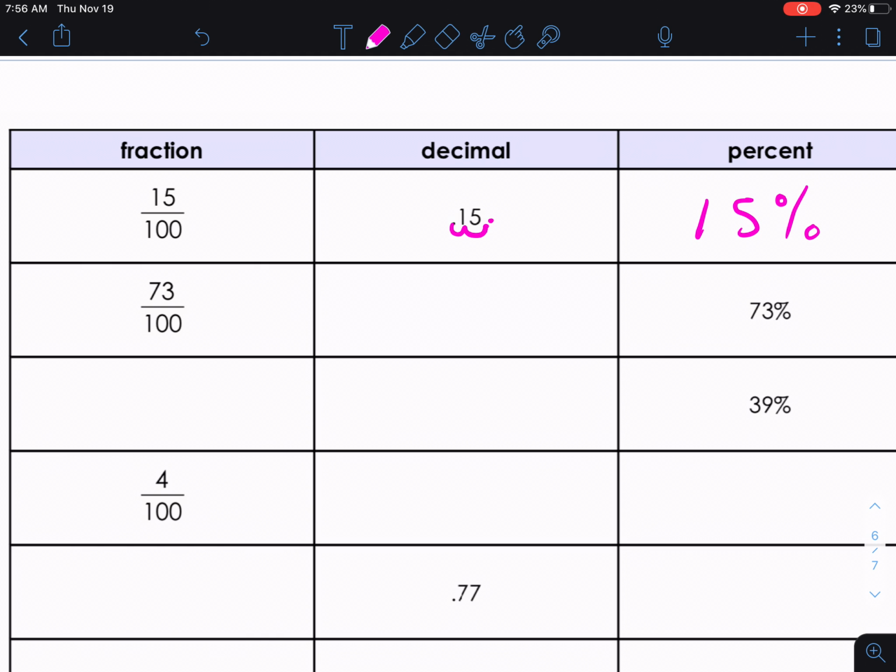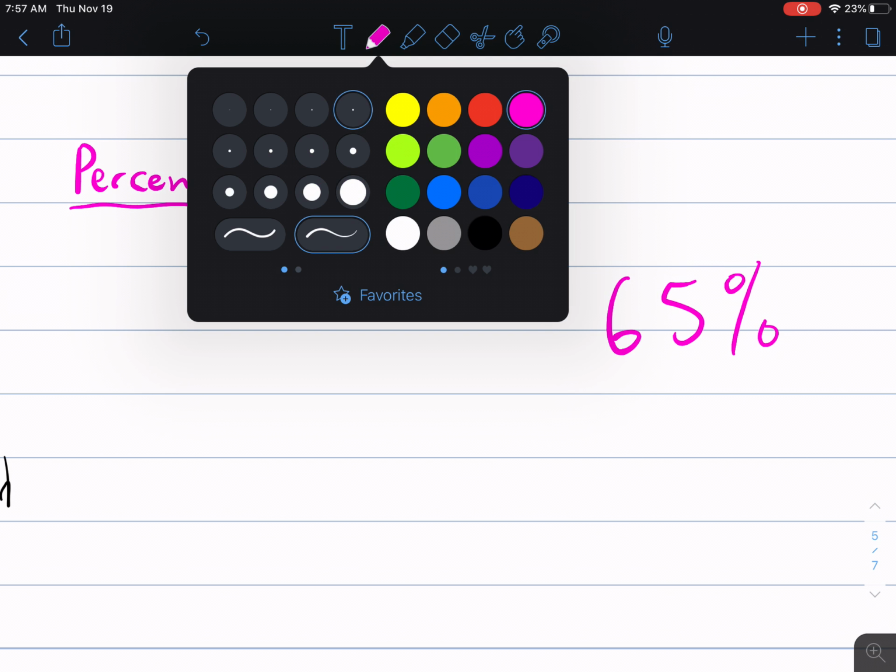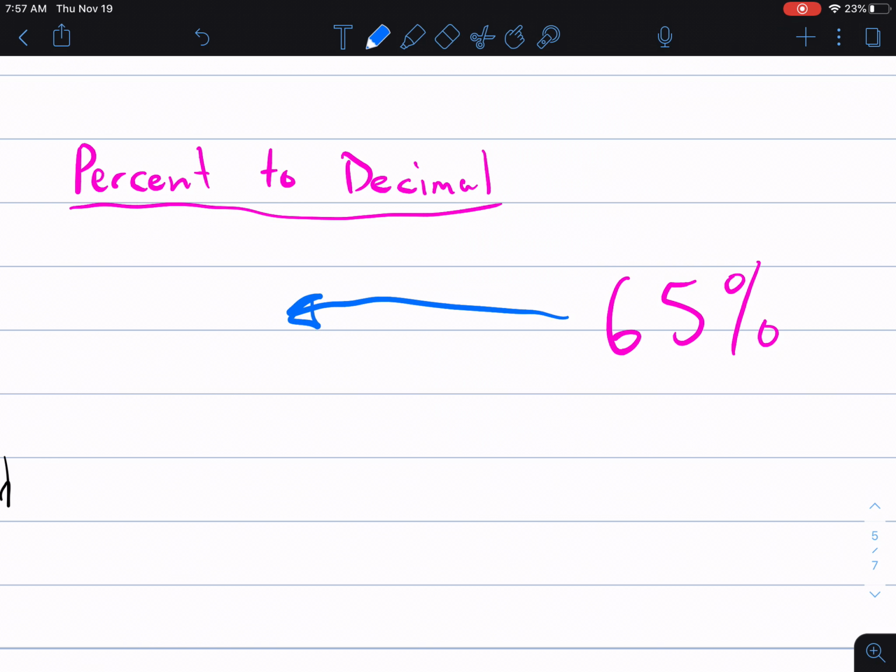To go back, to go to percent to decimal. Percent to decimal. So I have 65%. And I want to go back to decimal. Quiero ir para atrás a decimal.